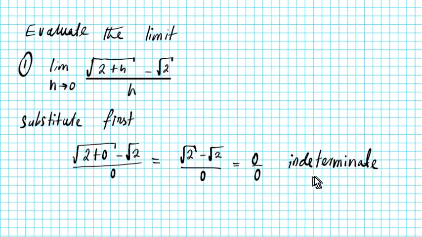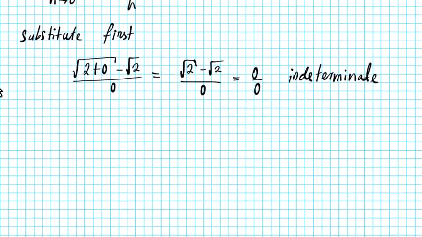Anytime you have an indeterminate form, the problem is not over. You have two options. You can either use L'Hopital's rule or algebraic manipulation. We're going to take a look at both methods and see which one is more effective. So let's use algebraic manipulation first.